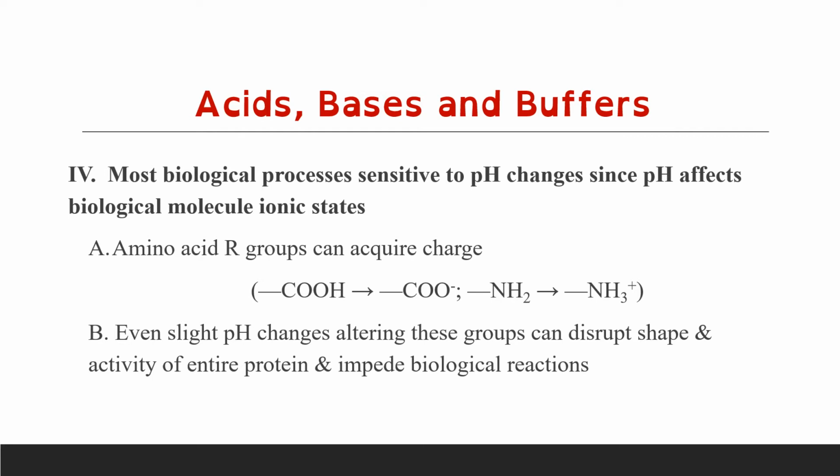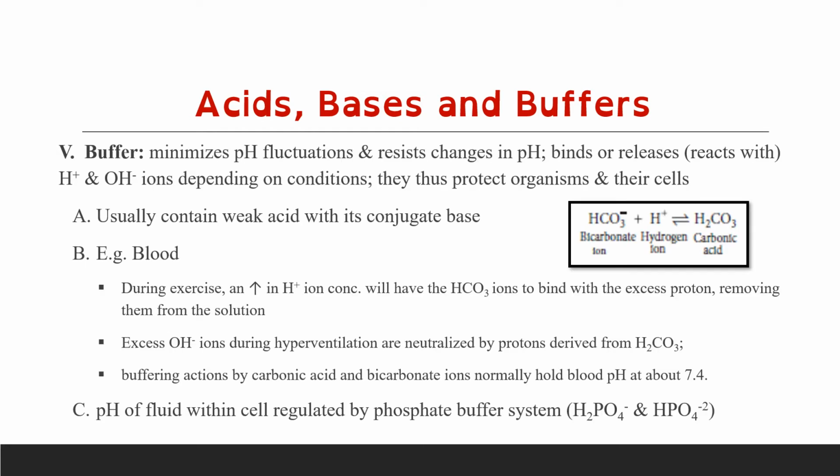When you say protonated, you are acquiring additional charge. So from this side chain, it becomes negative, and this one becomes positive. Even slight pH changes altering these groups can disrupt the shape and activity of the entire protein and can impede biological reactions.